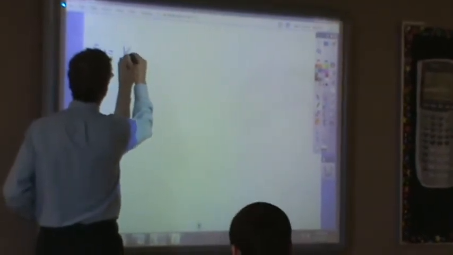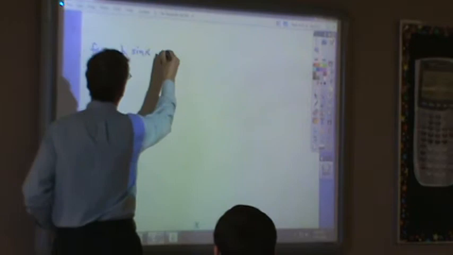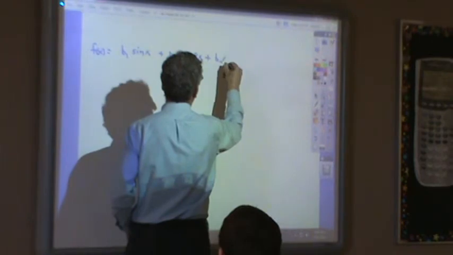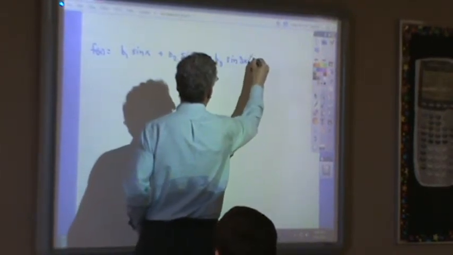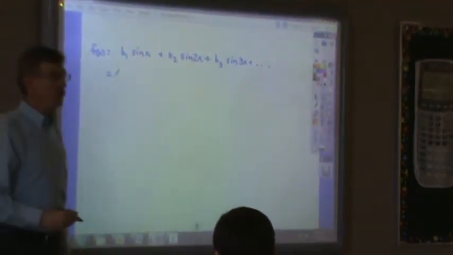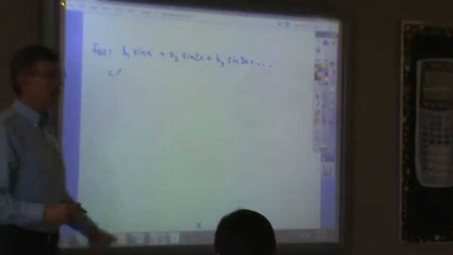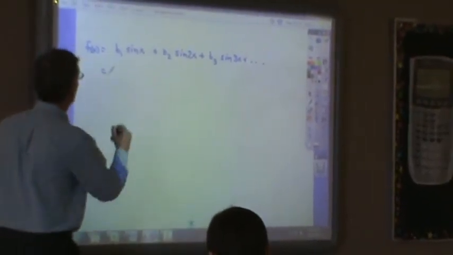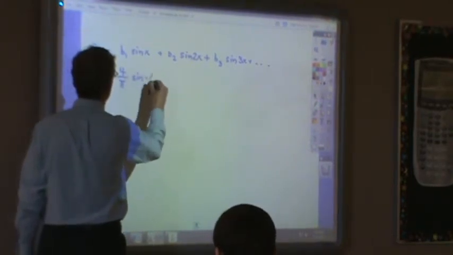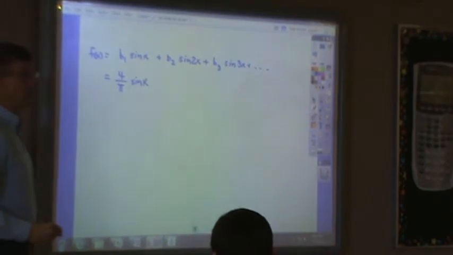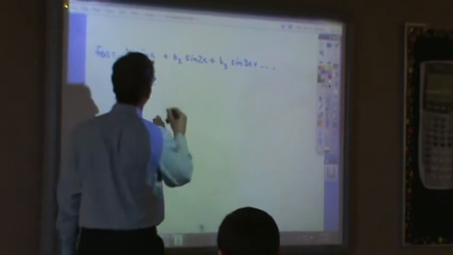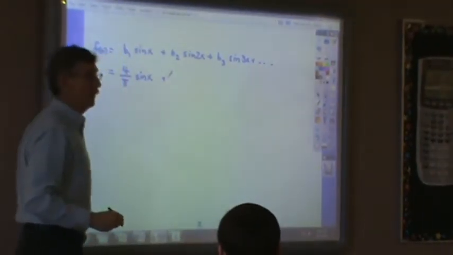Let's do it this way: b1 sine x plus b2 sine 2x plus b3 sine 3x, and so on. Can you tell me what b1 is according to the recipe we just did? 4 over pi. That's 4 over 1 pi. How about b2? b2 is 0. b3?